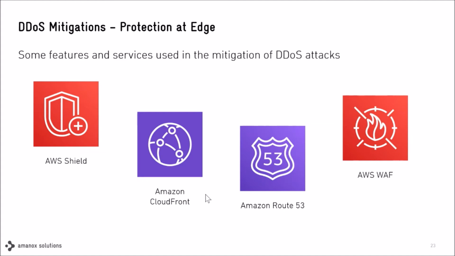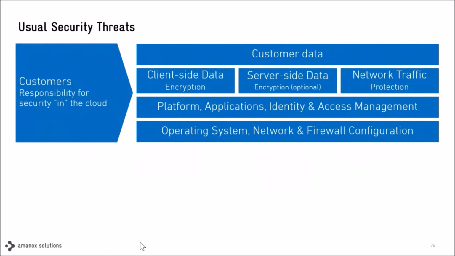So, as you can see, there are a lot of security services available on AWS. What I want next is to take an example of usual security threats in order to have a more concrete understanding.